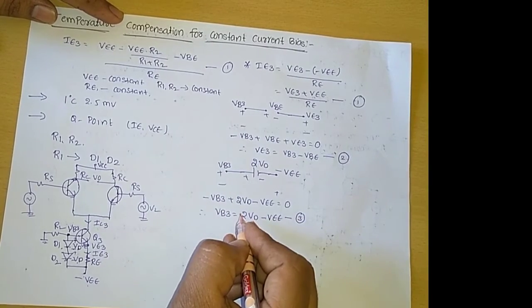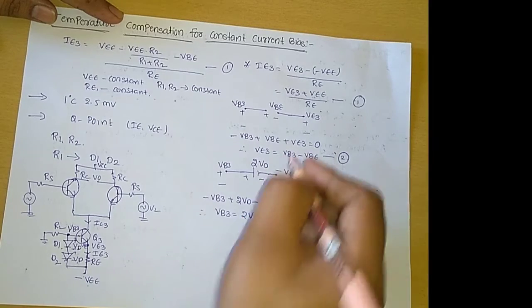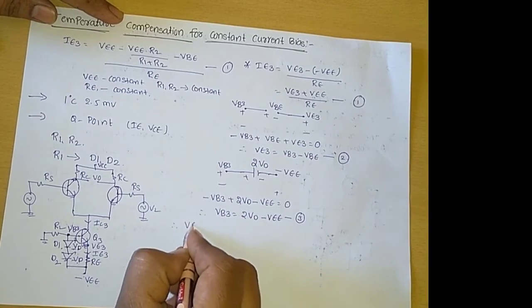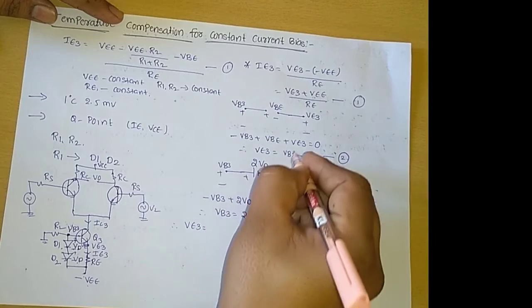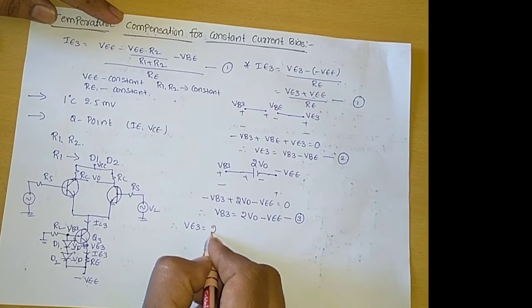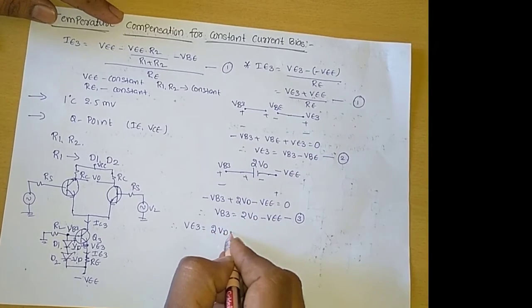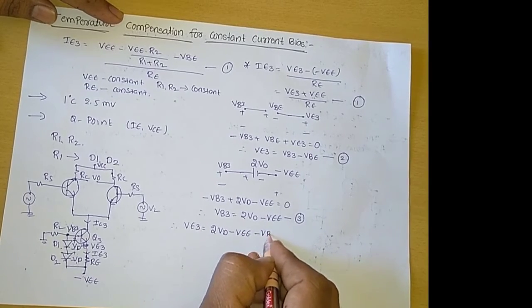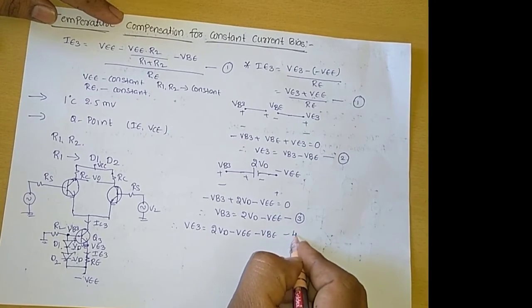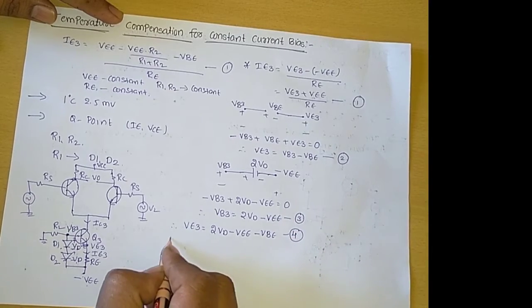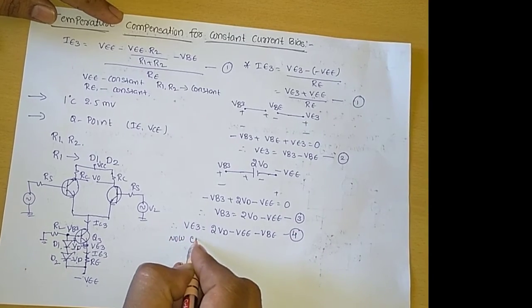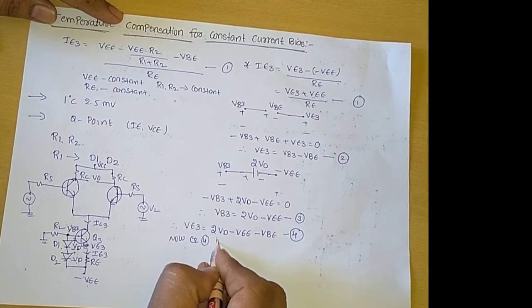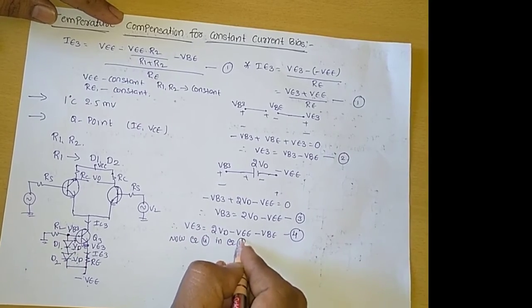Now this equation number 3 we substitute in equation number 2. Therefore VE3 equals VB3, and VB3 is 2 into VD minus VEE, minus VBE. This we consider as equation number 4. Now substitute equation number 4 in equation number 1.